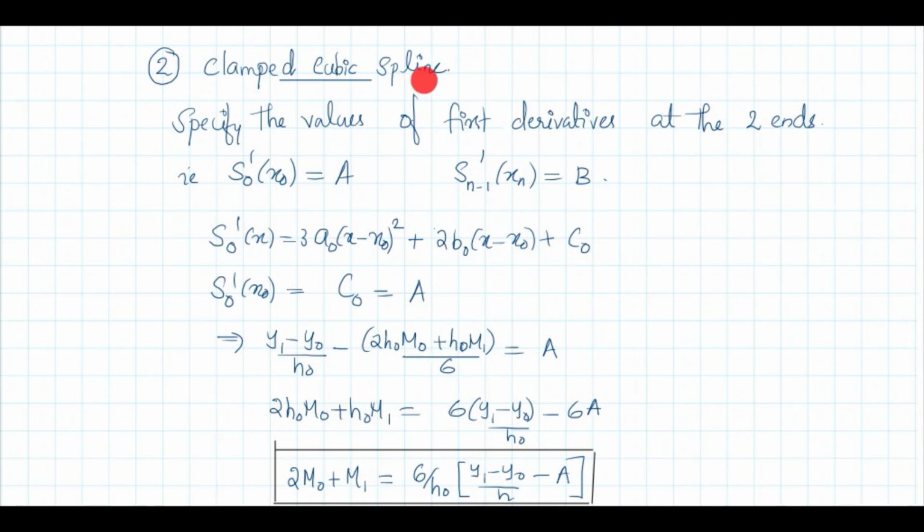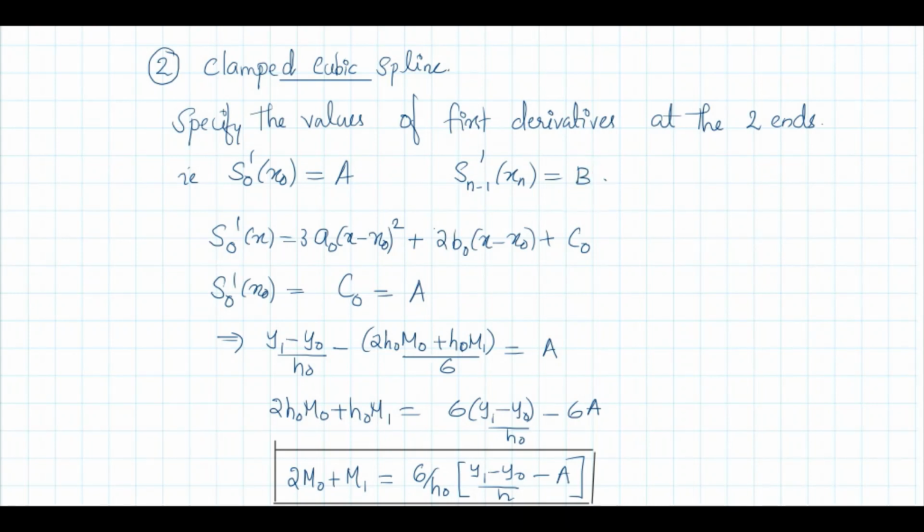But in the clamped cubic spline case, we have two conditions, that is the value of the first derivatives at the two ends. The first end is of spline S0, so the first derivative S0 prime evaluated at x0, the starting end, should be A. And the last spline is Sn minus 1; its derivative evaluated at the final point xn is B. These are the given conditions.